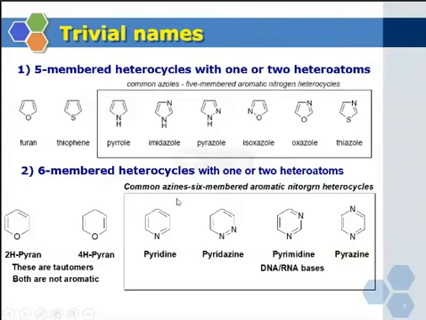Here we can see a six-membered unsaturated ring with only one nitrogen present in the ring as heteroatom. If there are two nitrogen atoms present in the six-membered heterocyclic ring at relative position 1, 2, we will call it pyridazine. Similarly, if the relative position is 1, 3, then we will call it pyrimidine.